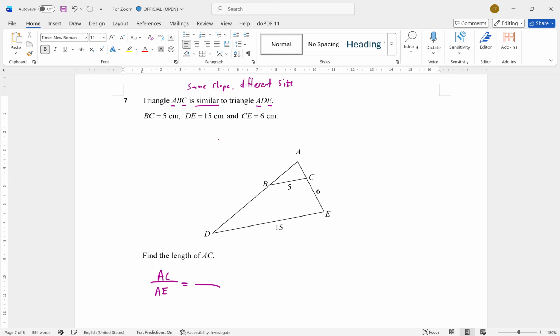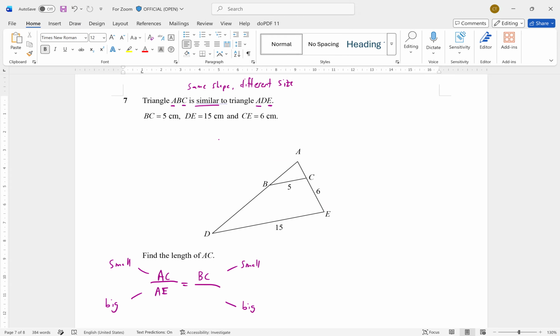Now we have small triangle over big triangle. On this side, we must also find a pair of ratio that is small over big. Which side do you already know in the small triangle? BC, so we should use BC.